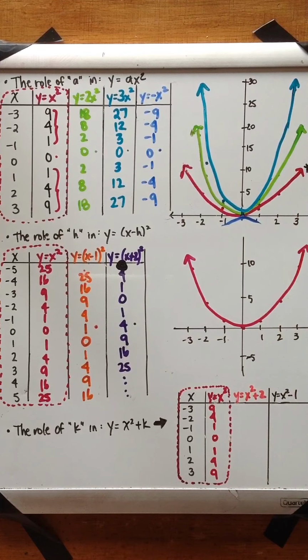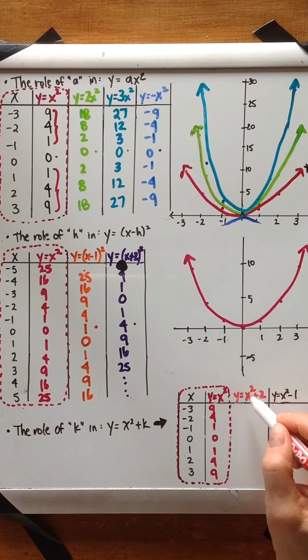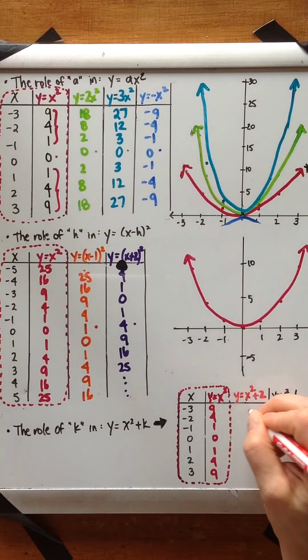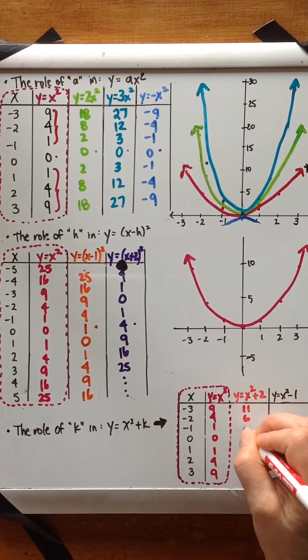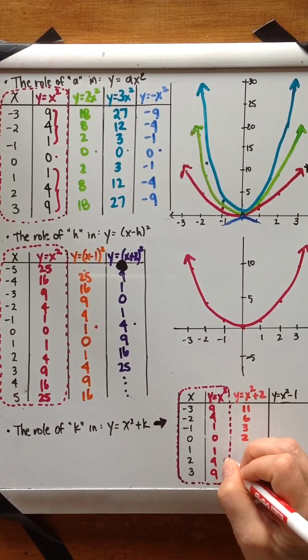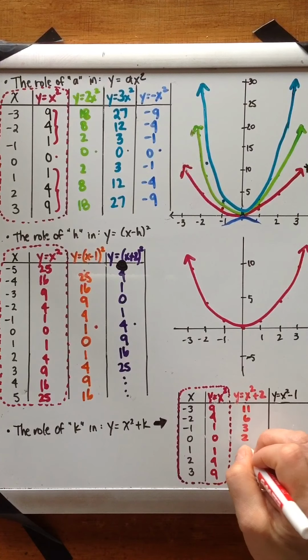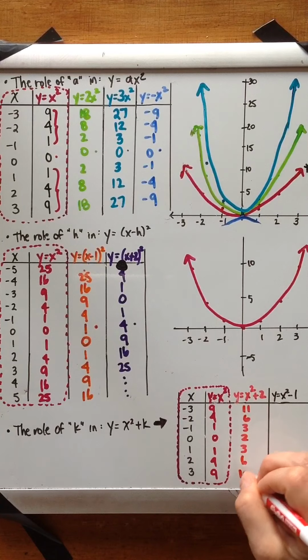All right, so now what we're going to do is take this value and add 2 to it because we've already done the math here. So 9 plus 2 is 11, 4 plus 2 is 6, 1 plus 2 is 3, 0 plus 2 is 2, 1 plus 2 is 3, 4 plus 2 is 6, and 11.